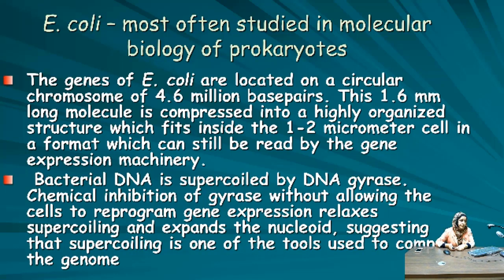Bacterial DNA is supercoiled by DNA gyrase. Chemical inhibition of gyrase, without allowing the cells to reprogram gene expression, relaxes supercoiling and expands the nucleoid, suggesting that supercoiling is one of the tools used to compress the genome.